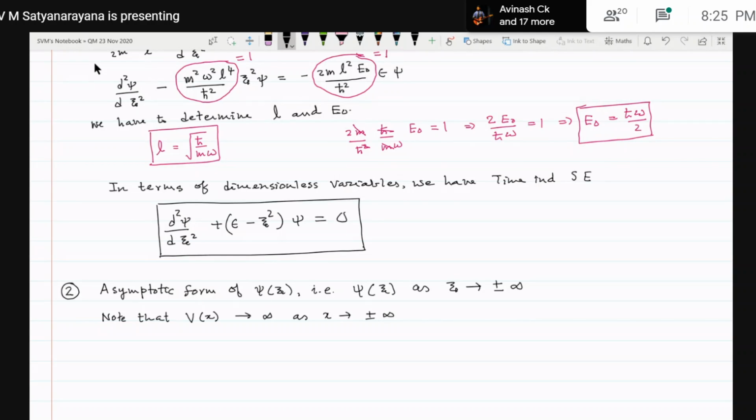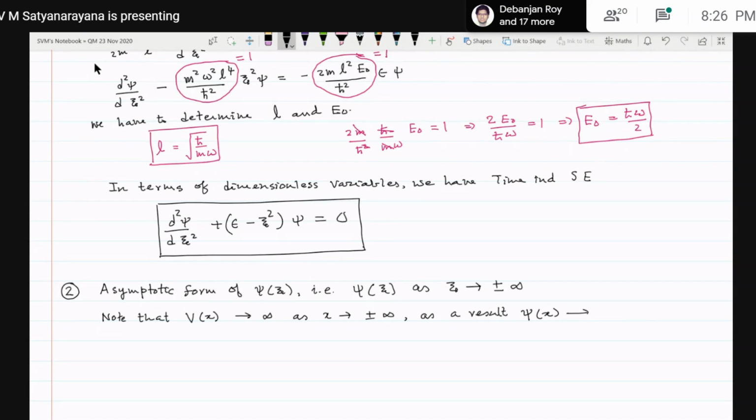As a result, psi of x and psi of xi are the same because x is linearly related to xi.